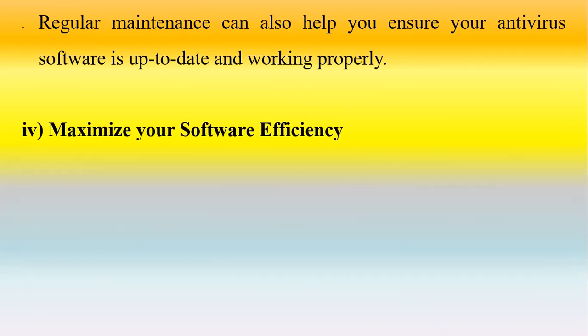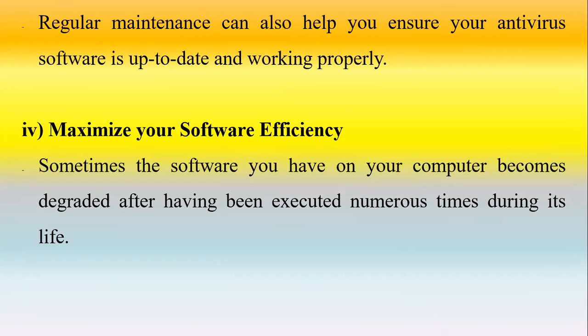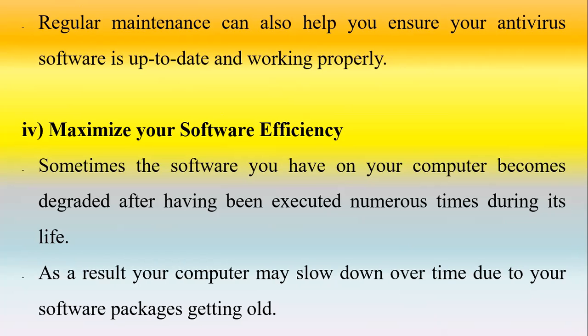Number 4 is to maximize your software efficiency. Sometimes the software you have on your computer becomes degraded after having been executed numerous times during its life. As a result, your computer may slow down over time due to your software packages getting old.